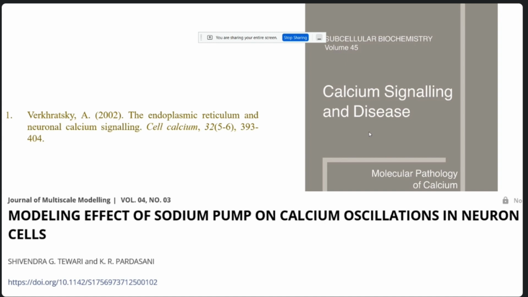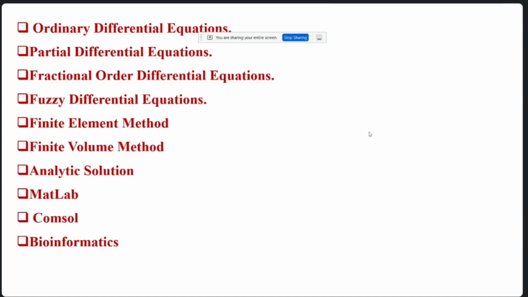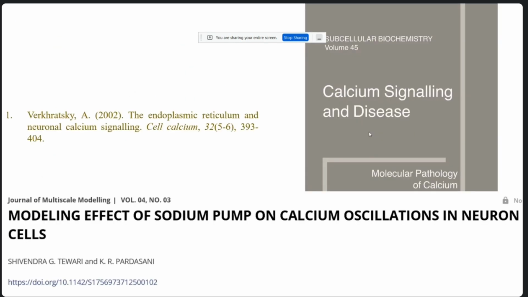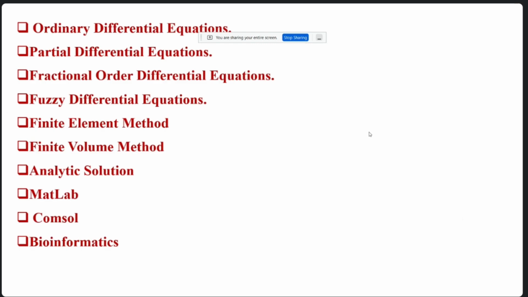Shivan Tiwari again has published some paper, some important reviews that I have shown here. Those who are interested in working in this area can study these papers first. So ordinary ODE, PDE, fractional we have studied.